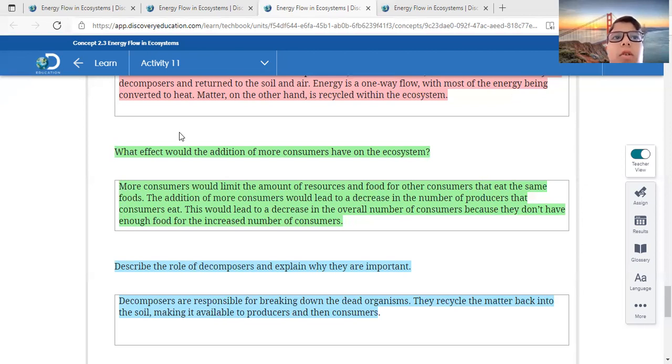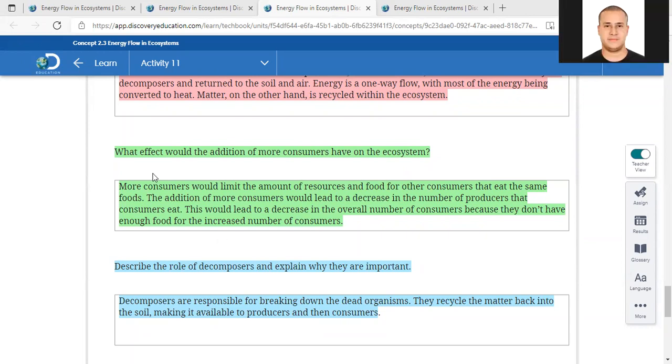The addition of more consumers would lead to a decrease in the number of producers that consumers eat. This would lead to a decrease in the overall number of consumers because they don't have enough food for the increased number of consumers. Excellent. Thank you.